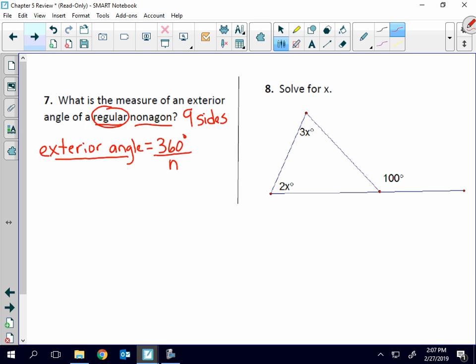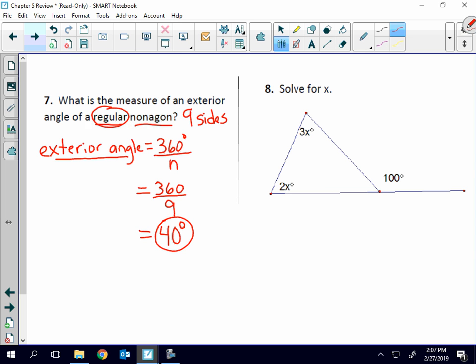Okay, that's what regular means. All sides and angles are the same. So an exterior angle for this will be 360 divided by n, which happens to be 9 for this one. And 360 divided by 9 is 40. So each exterior angle in this regular nonagon will be 40 degrees.